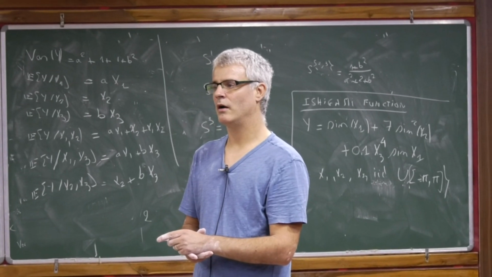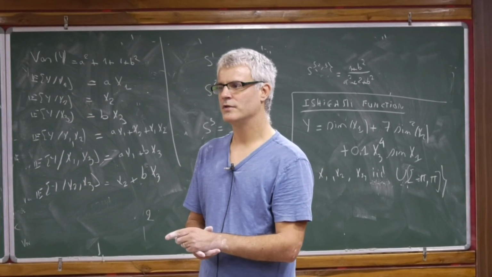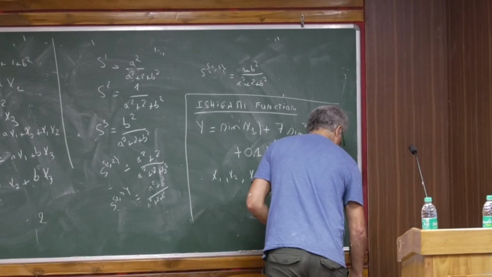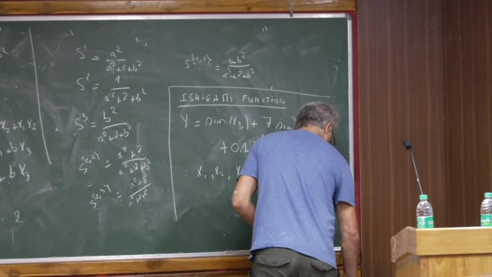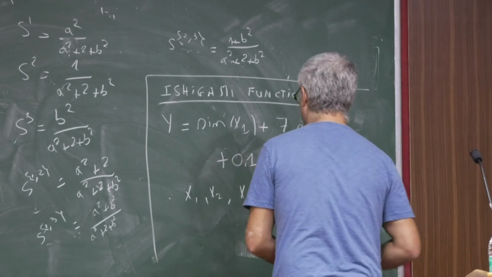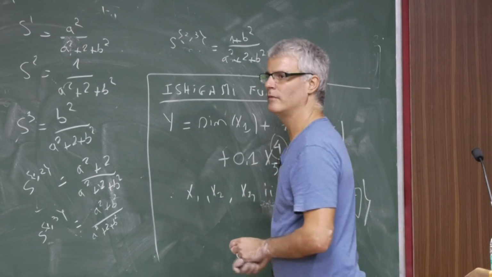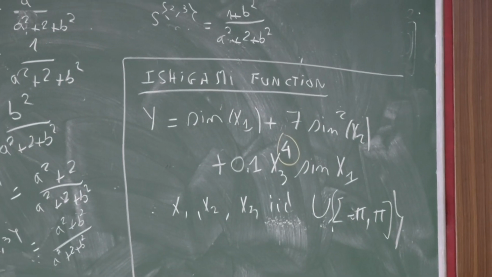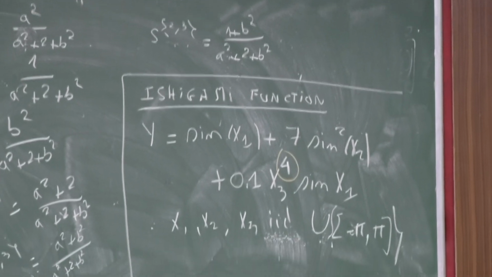Why? Because you see that here you have a power 4, that is, a power that is larger than any other power in your formula.